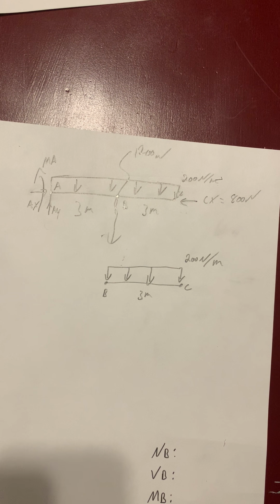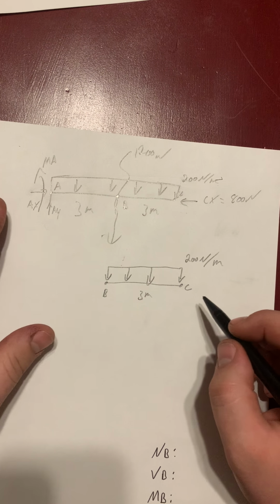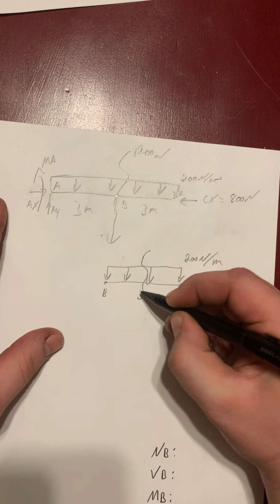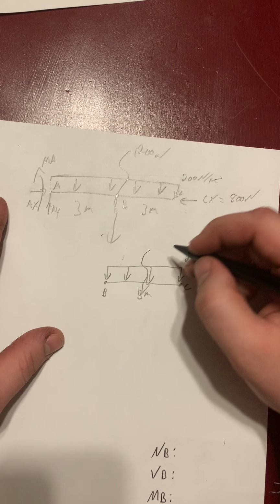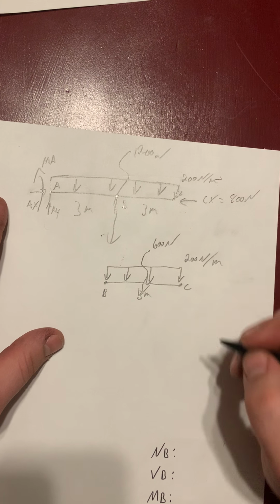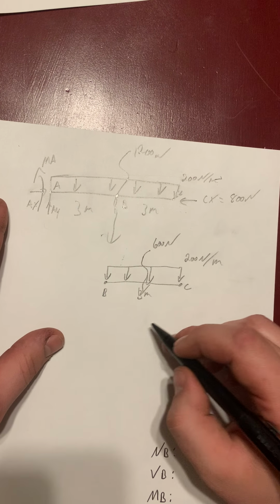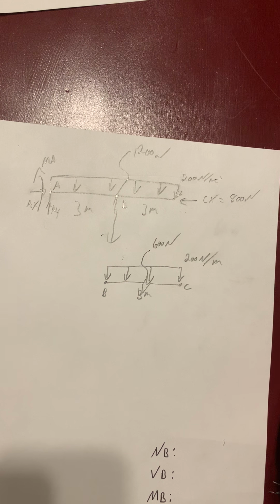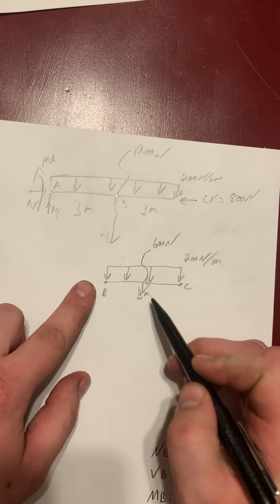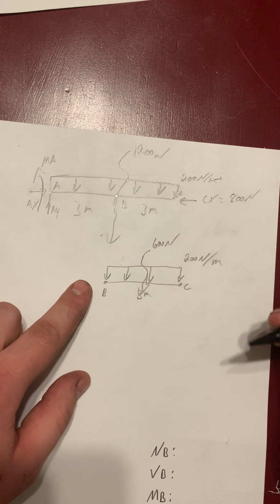So we have this 200 newtons per meter over 3 meters. So that here comes into its own distributed load, and that there is 600 newtons, acting at 1.5 meters. We know that it's uniform because it's a rectangle, so it'll act halfway in between.